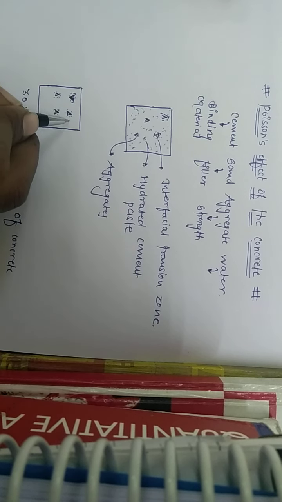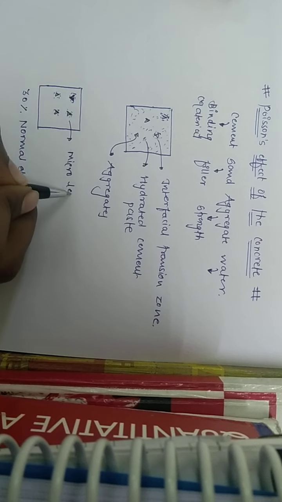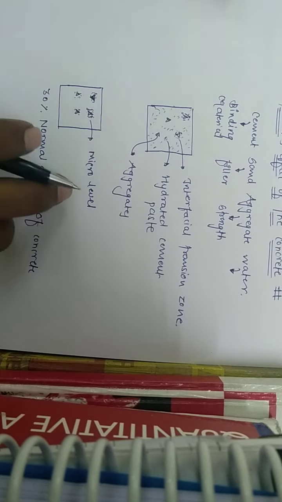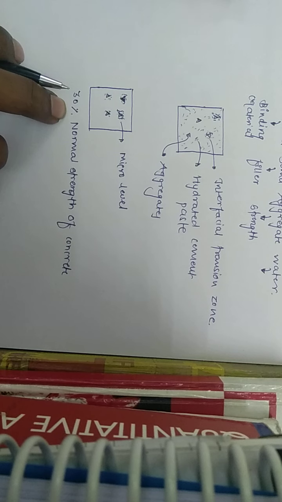So at the micro level you will get some cracks or losing of this bond. When will it occur? When the external force is about 30% of the normal strength of concrete.